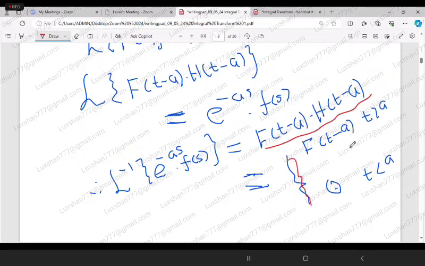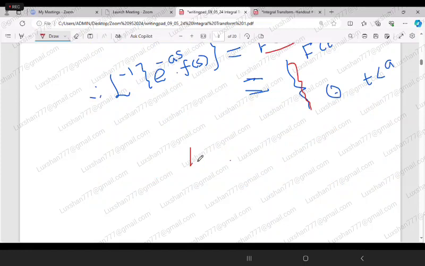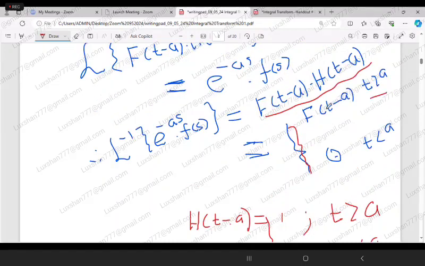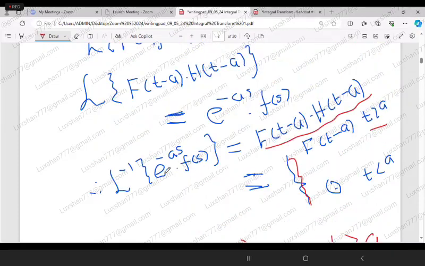You can give the answer in this form or in that form. Therefore, in this interval I am putting h(t minus a) equal to 1, then you will get f(t minus a). Otherwise, this is 0. So if you have a function multiplied with e to the power minus a s, then you can always write the inverse Laplace transform in this form.